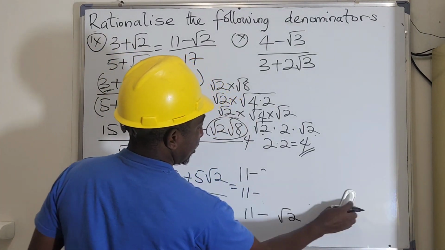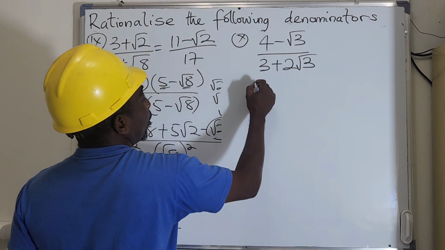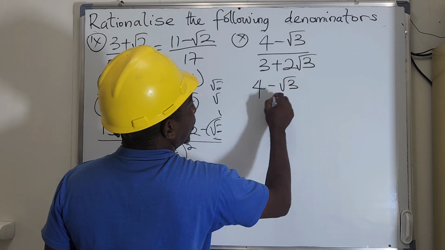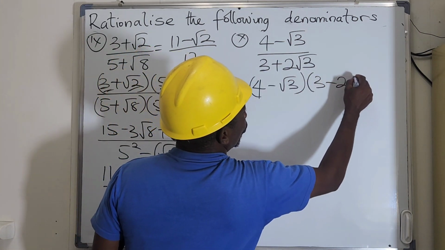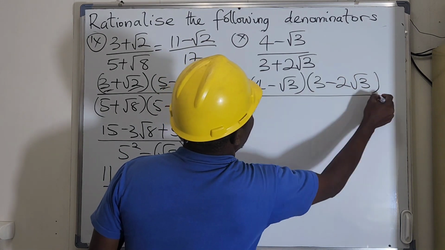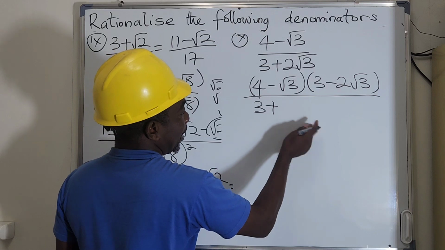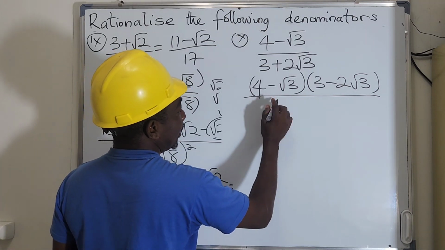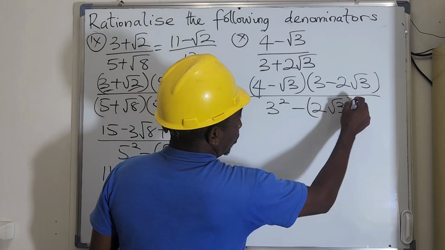We need to clean this. Number 10 will give us the same thing. We need to multiply 4 minus root 3 by the conjugate, which is 3 minus 2 root 3, all over the denominator, which is 3 squared minus 2 root 3 all squared.